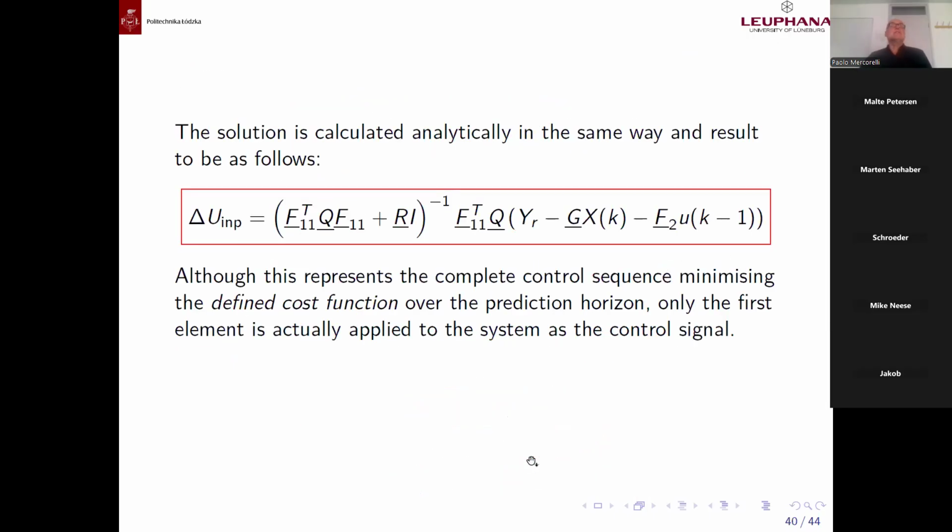This solution can also be calculated using the same calculation, but I don't want to be boring. We can see it is quite similar to before. Of course, the structure of the matrix changes because the problem is a little bit different, since we want to look at the delta, the increment. And we have one more matrix, F2, because we have one more input, u k minus 1.